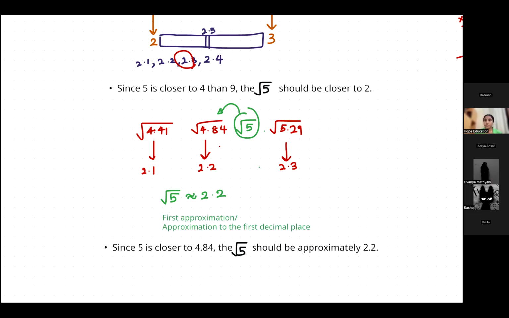Let me know when you're done writing this part. Then we will do our next example. Done, miss. Okay, others also let me know.